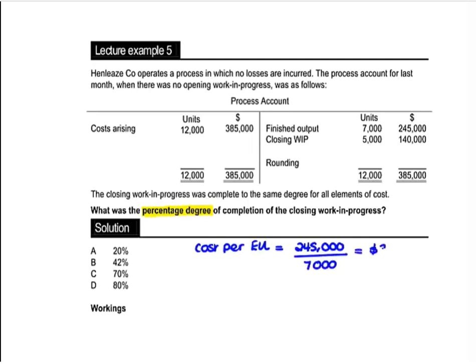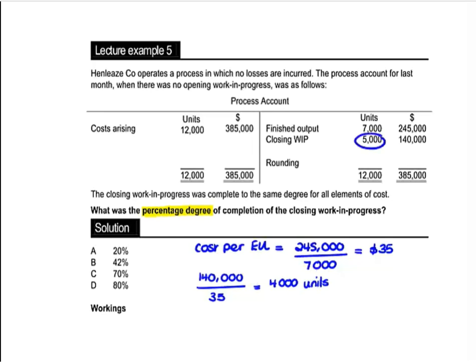So the cost per equivalent unit in the process was $35. We would have calculated that and used it to value the 7,000 units. For the closing work in progress then, we have $140,000, and if we divide that by the $35 per unit, that was 4,000 equivalent whole units.